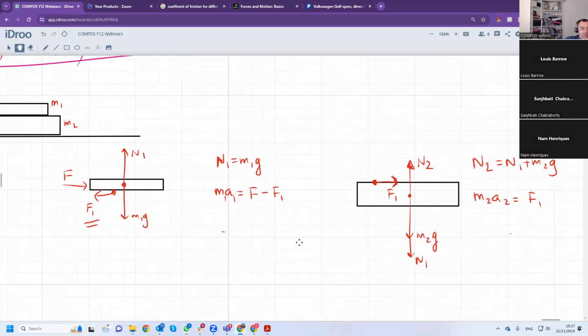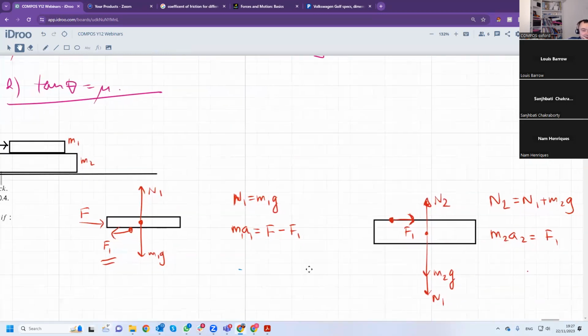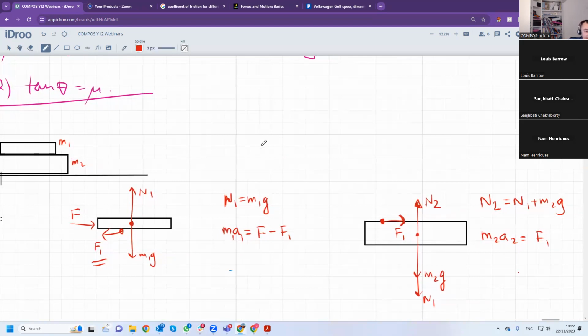Now we also have to keep in mind that we have a limit. F1 is limited.